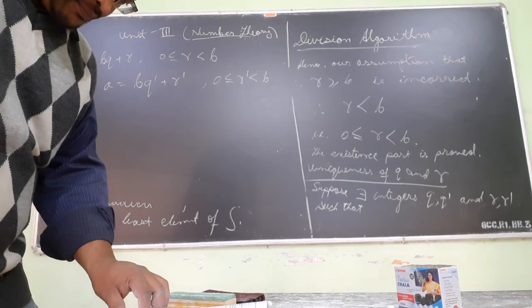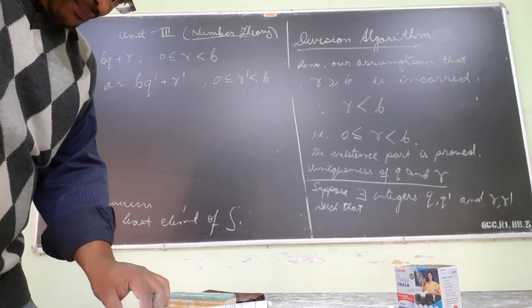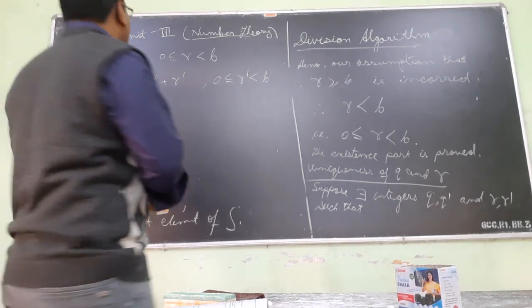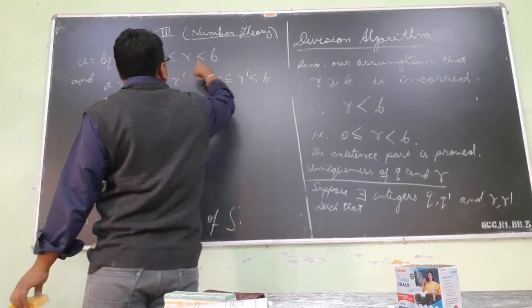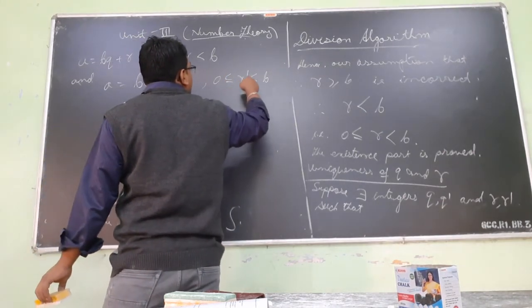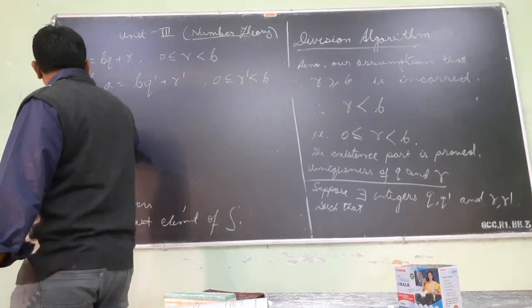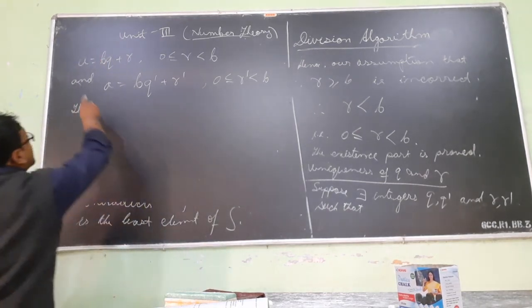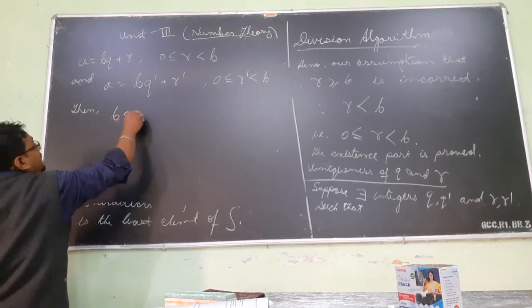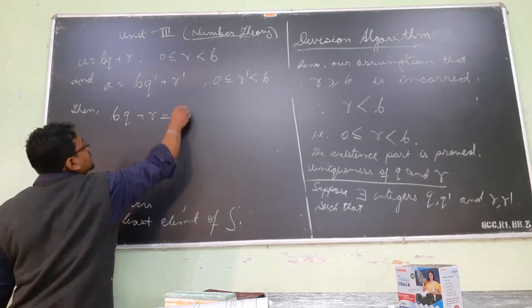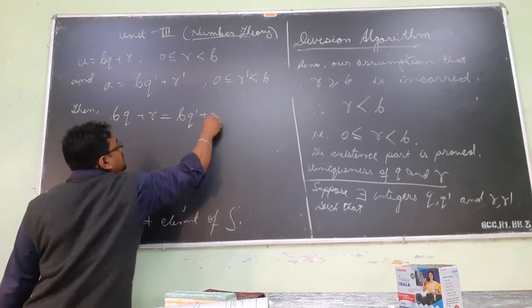Then what you can see from here is that BQ plus R will be the same as BQ dash plus R dash.